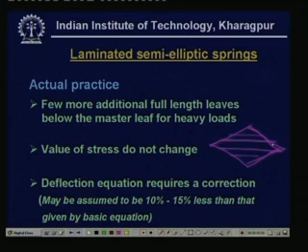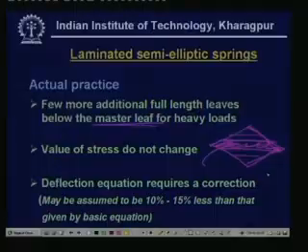So, the top one, which is the middle one, we call the master leaf, but normally there are a few more additional full length leaves below the master leaf for heavy loads. In actual practice, there is not only one master leaf; we may have one or two more full length leaves placed below the master leaf, as we have seen in the actual lozenge shape plates. So, it is a deviation.